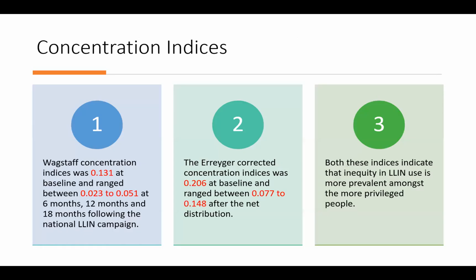So what did we see? In relation to the concentration indices, all these indices were positive. For instance, the Wagstaff concentration index was around 0.131 at baseline, and then ranged between 0.023 and 0.051 in the subsequent time points following the national distribution campaign.